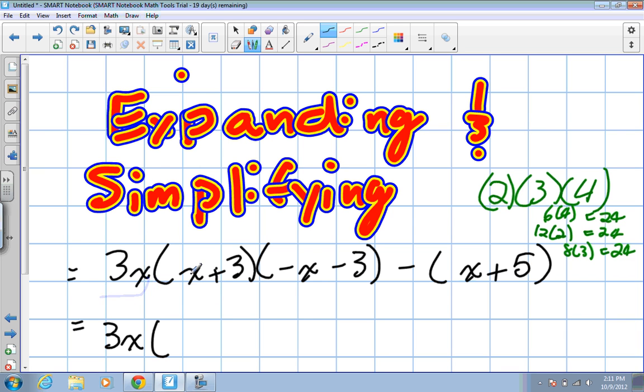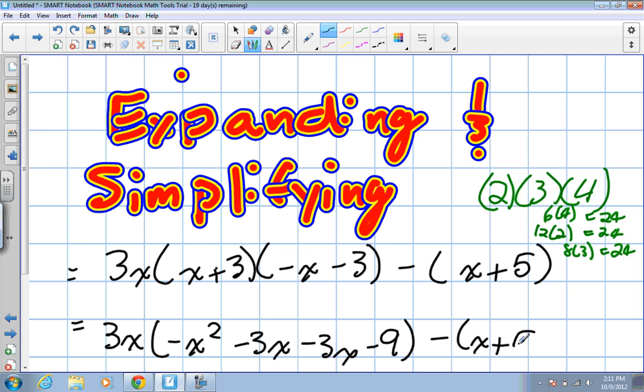First terms are x times negative x, that gives me negative x squared. Outside terms are x and negative 3, gives me negative 3x. Inside terms are positive 3 times negative x, what does that give me? Negative 3x. Positive 3 times negative 3 is negative 9.